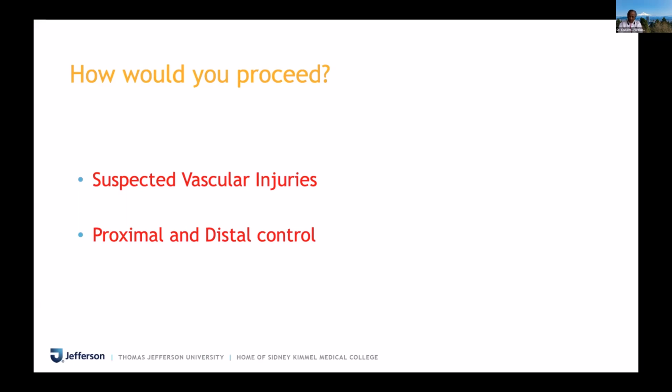I don't think it will be an isolated vascular injury. I'm pretty sure there are other things going on in this belly as well. At least you will get control. Or you have to do a groin incision to get control of either the common femoral or the SFA as well as the profunda. So I'll stop there for the time being.